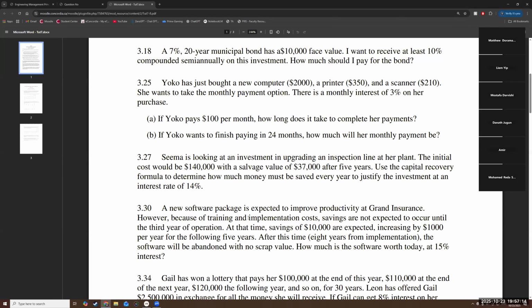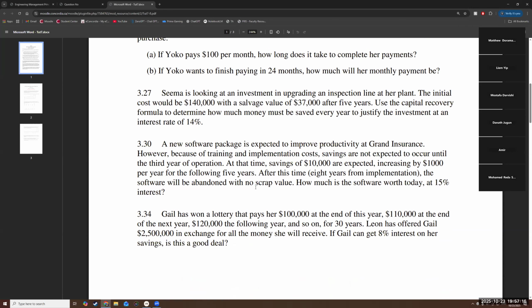Question 3.30. A new software package is expected to improve productivity at Grand Insurance. However, because of training and implementation costs, savings are not expected to occur until the third year of operation. At that time, savings of 10,000 are expected, increasing by 10,000 per year the following 5 years.